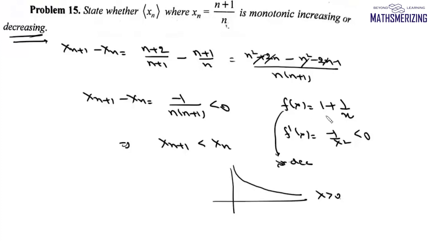Now, if we look at the sequence x_n, which is (n+1) by n, it is nothing but 1 plus 1 by n. That is, it is the same function only defined for natural numbers. So if we consider the value of this function at natural numbers, then this function is strictly decreasing for natural numbers also. So this x_n is monotonic decreasing.